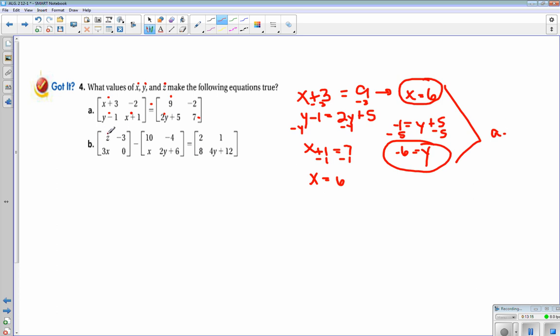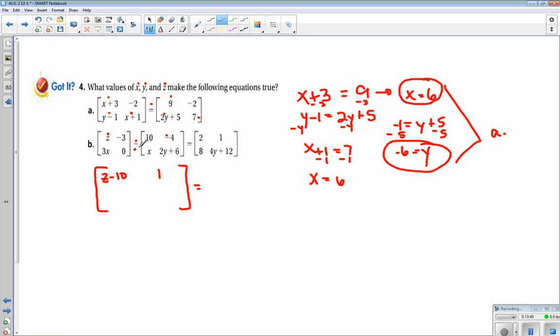Now let's do the same thing for B. If we look here, we have a subtraction going on right here. So let's do the subtraction first. I have z minus 10. Negative 3 minus negative 4 is negative 3 plus 4, which is 1.